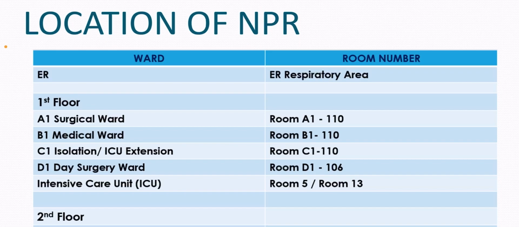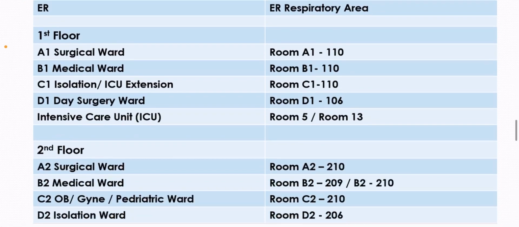C1 isolation ward, one negative pressure room. Day surgery unit, one negative pressure room. In the intensive care unit, we have two negative pressure rooms. One is inside, ICU number 5. One is outside ICU, number 13. This number 13 does not have an anteroom. All other negative pressure rooms have anterooms.